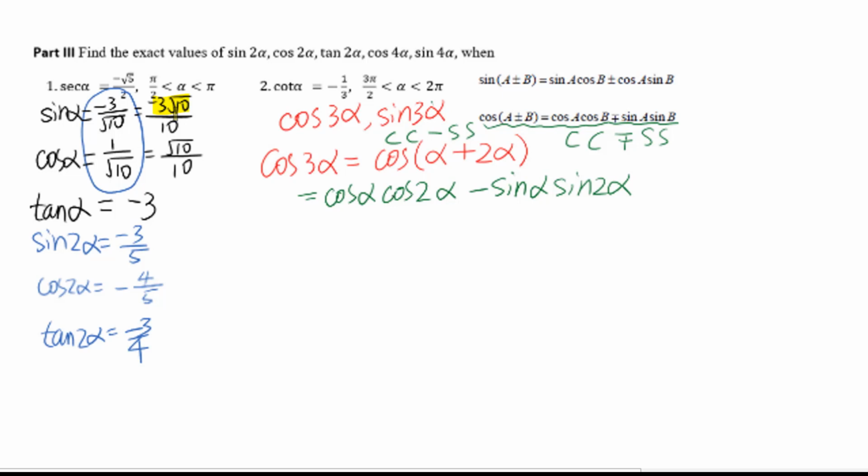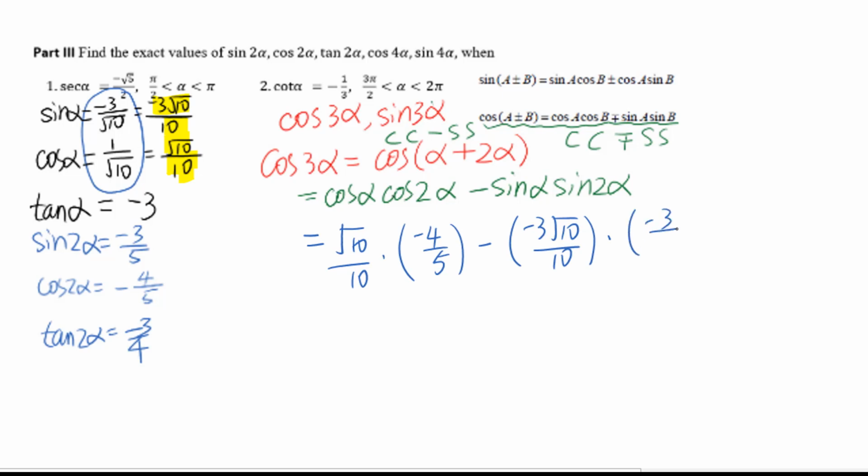This time we have to use the simplified form for sine alpha and cosine alpha. In this way, we will get the same denominator. Therefore, for cosine alpha, that is square root of 10 over 10 times cosine 2 alpha, which is negative 4 over 5, minus sine alpha, which is negative 3 square root of 10 over 10, times sine 2 alpha, which is negative 3 over 5.